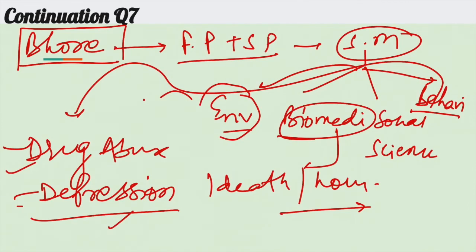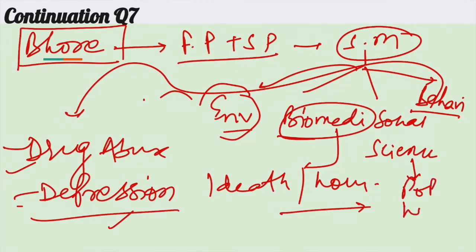Just having a professional relation between the patient and the doctor is not going to solve the problem of depression and drug abuse. There should be someone who will understand your problem, someone you can feel is part of your family. Then you can easily communicate with that particular doctor. So this is related to the behavioral aspect.